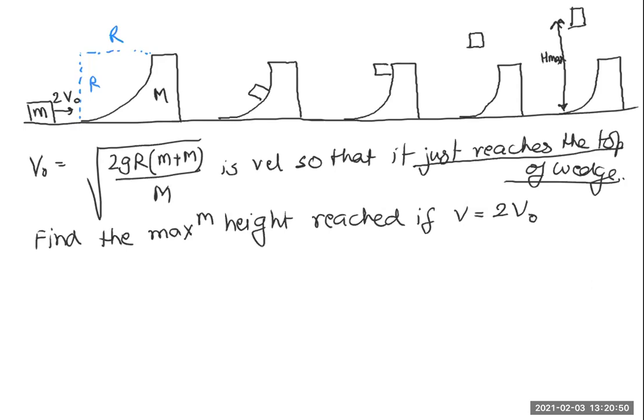Out of these pictures, if you want to apply the work energy theorem, which should you take as the initial picture and which should you take as the final picture? What should be the initial configuration of our system, and what should be the final?